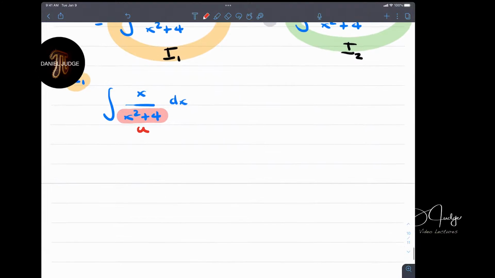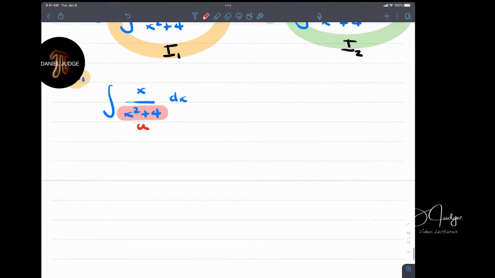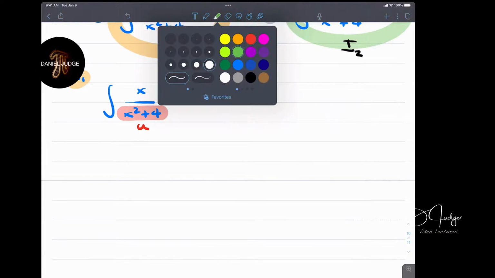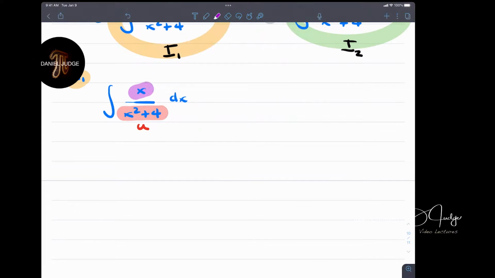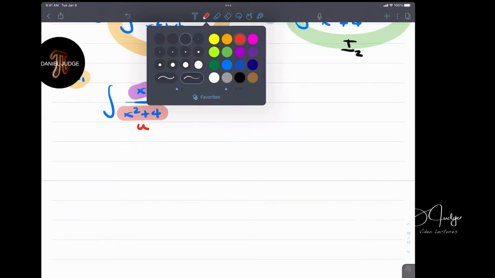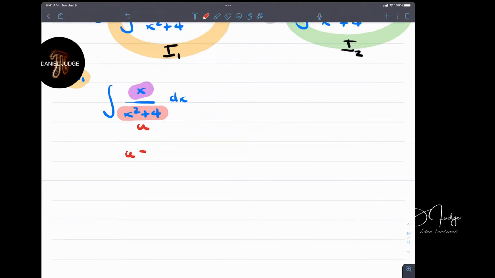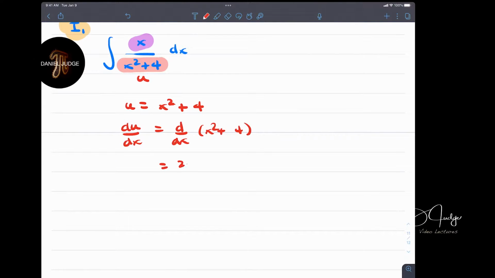And you say, well, why is that not inverse tangent? Because what you see up here is not 1. That's x. So you're going to see what happens with that. So, okay, let's continue. If we let u be x squared plus 4, du dx becomes d dx of x squared plus 4, which is going to be simply 2x.